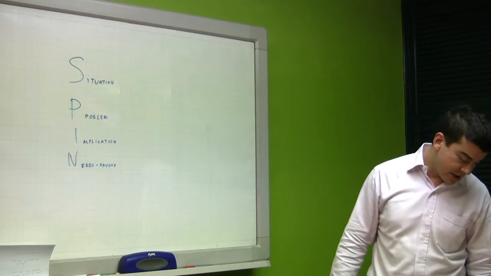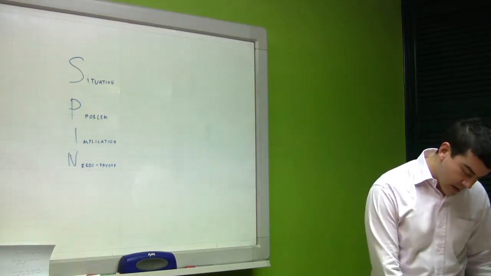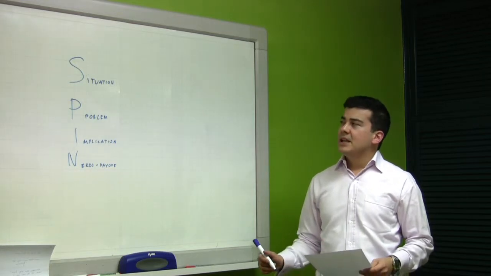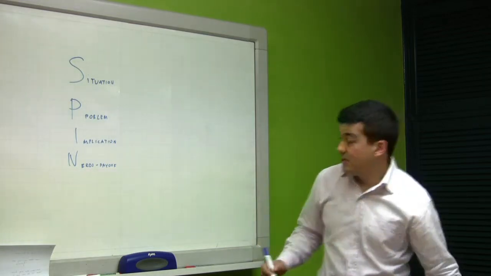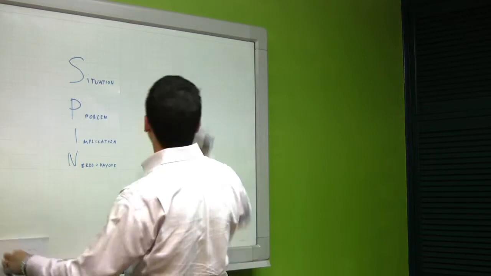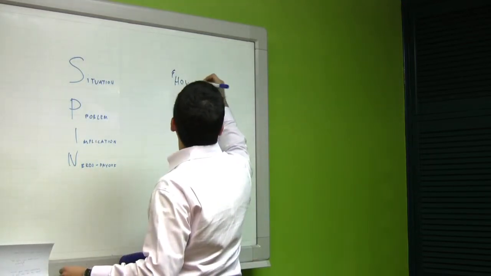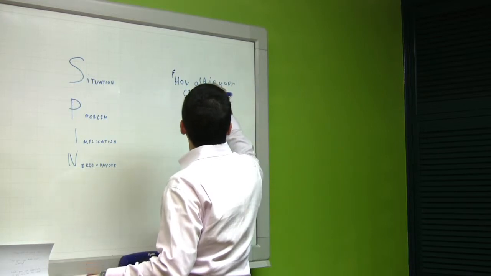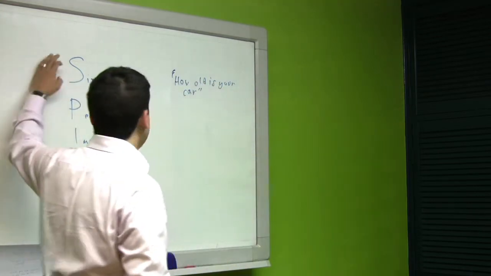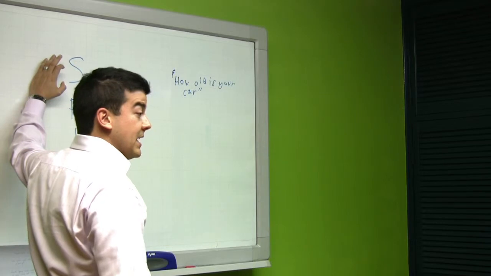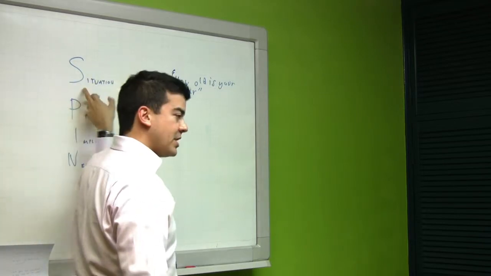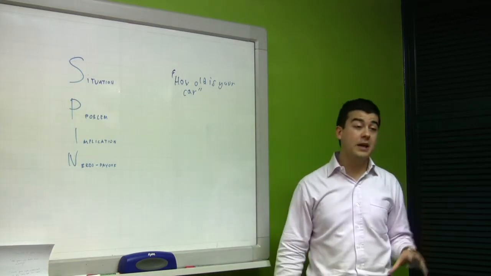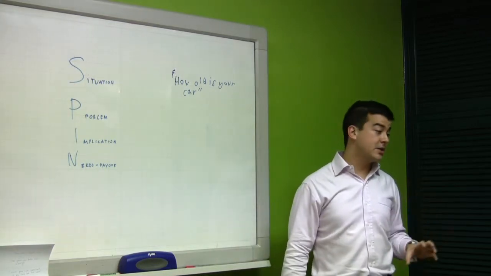So situation questions. Let's give you an example. How old is your car? Situation question is the background and the facts necessary. Now, in a sales situation, these are also an opportunity to show you know the area. You know your industry, right?